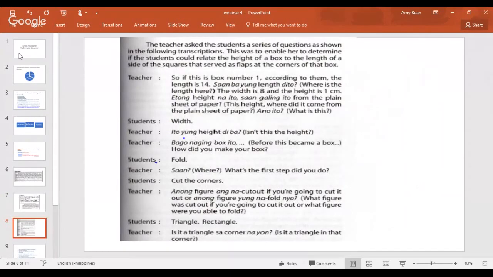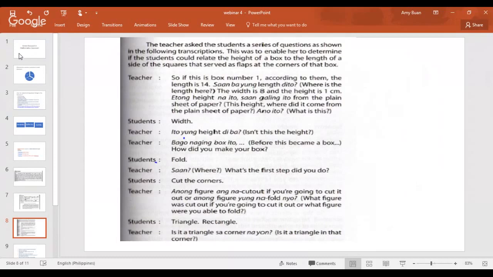So as you could see on this slide, you have here an example of teacher-student interaction where the teacher gives a series of questions to determine if the students could relate the height of the box to the side of a square that serves as flaps at the corner of that box. So this is processing the answers of the students. So therefore, one problem could be, what are the varied answers of the students? Another problem could be, what are the teacher-student interaction during class discussion?